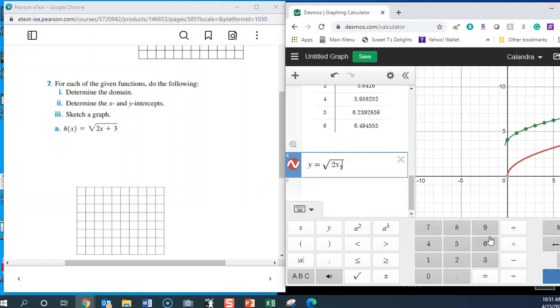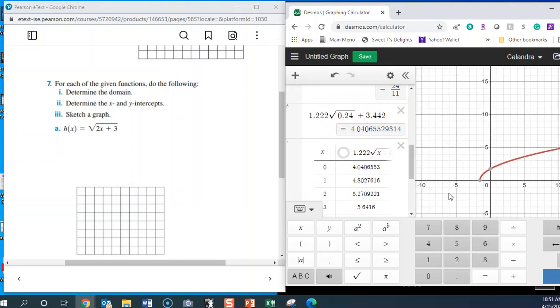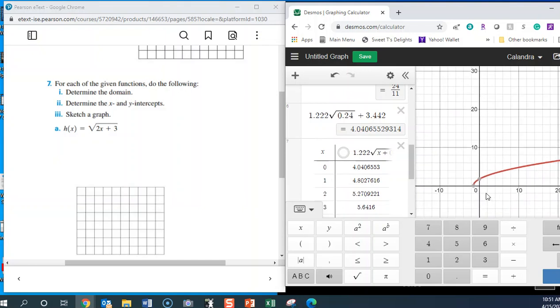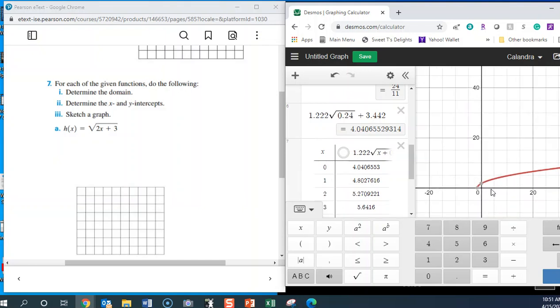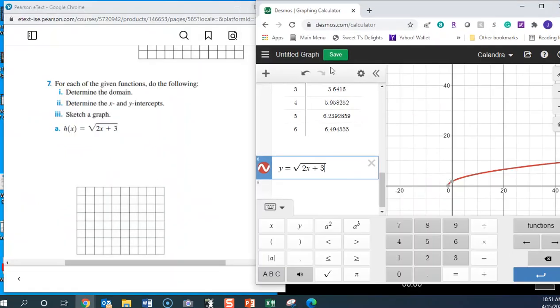Let me turn this off. Okay, if you look at this graph here, this is a representation of the graph. And it just goes on forever. Let me expand this out a little bit so you can see it better.